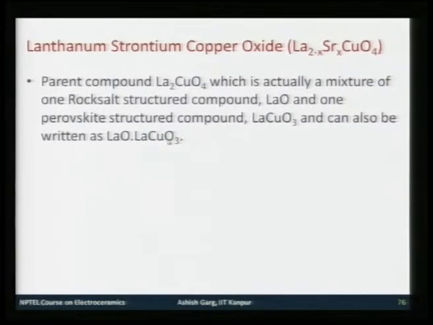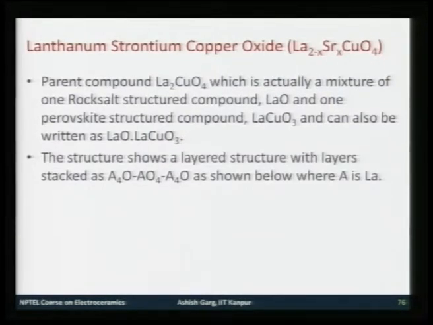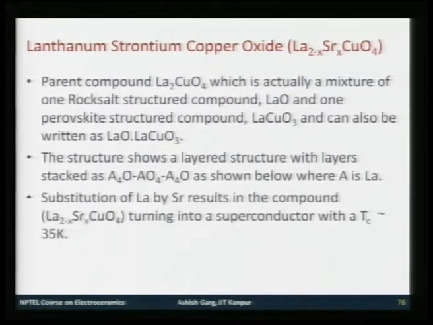What happens here is, when you dope this material with strontium, replacing some of the lanthanum ions, this again becomes a superconductor, and it gives a transition temperature of about 35 Kelvin. The structure shows basically a layered structure in which you have A4O layers, which means one oxygen is surrounded by 4 A's, followed by AO4 and then CuO2, etc. This is how the stacking continues, as I will show you in the next slide.